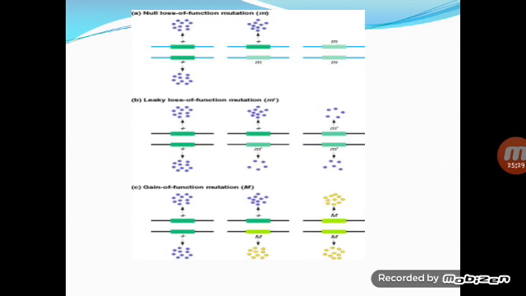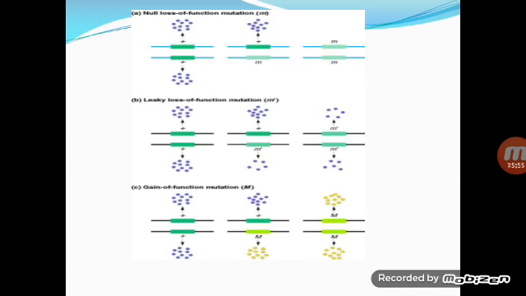In case of image B, which is a leaky loss of function mutation, mutation M still retains some function, but in the homozygote there is not enough to produce a wild type phenotype.